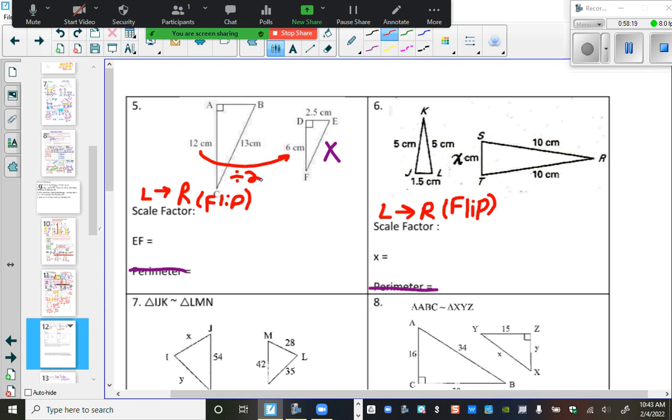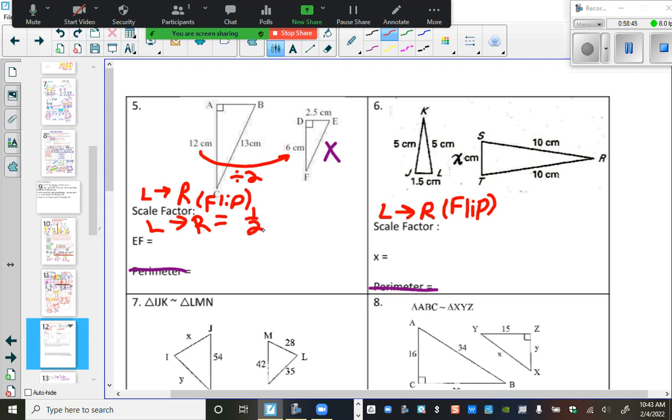She's 100% correct. So we went from the bigger to the smaller. Well, if we go from 12 to 6, we took exactly half. So divided by 2 is the same as multiplied by 1/2. So if you go from left to right, your scale factor equals 1/2.